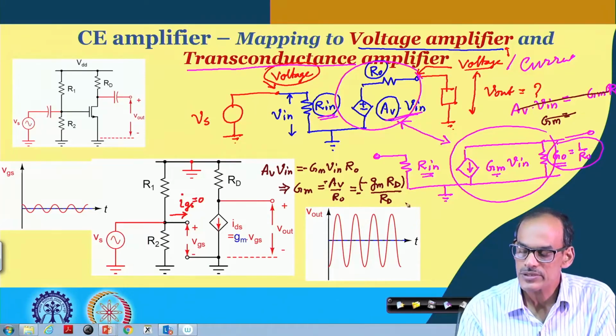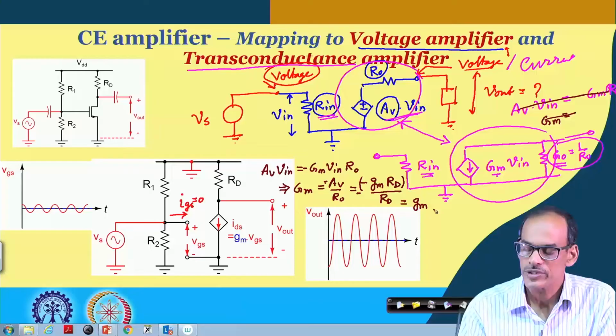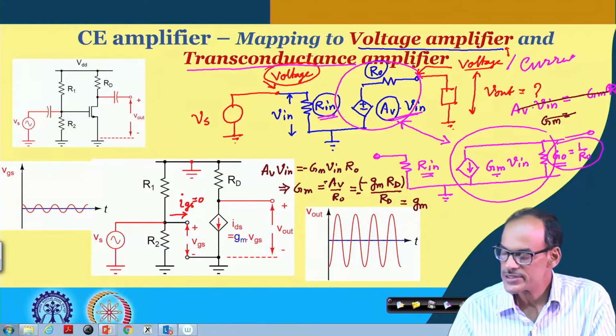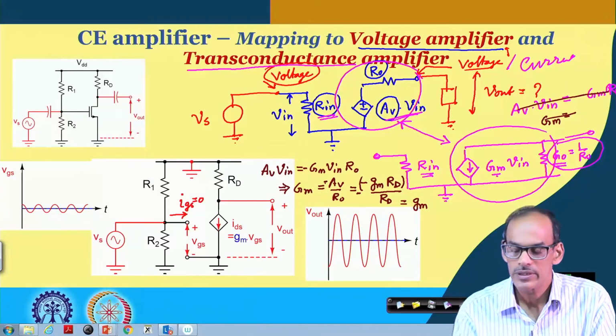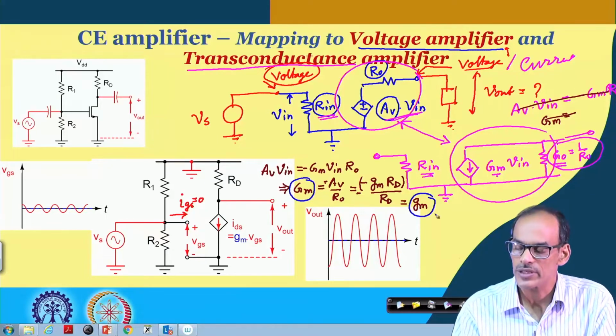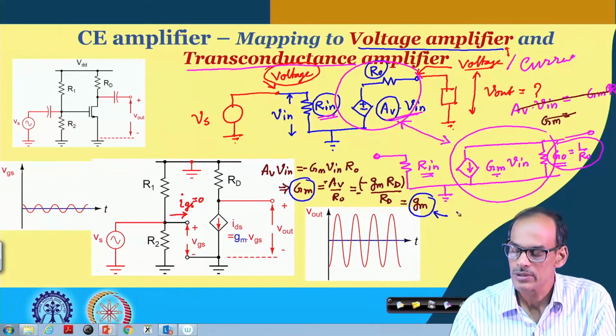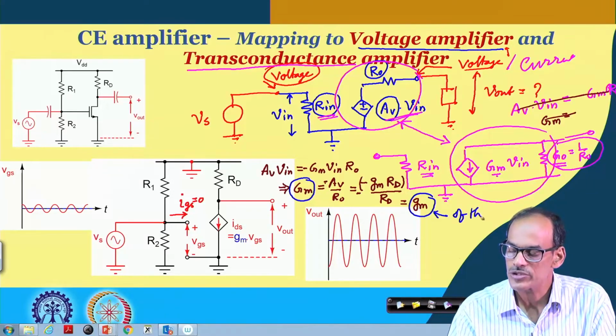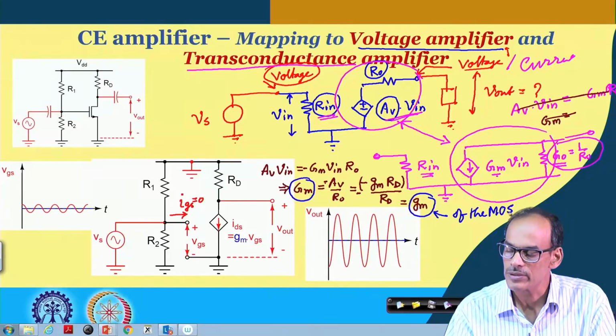That gives us the G m of the device. So, incidentally, as I said, this G m is the same as the G m of the MOS transistor, but in general it need not be.